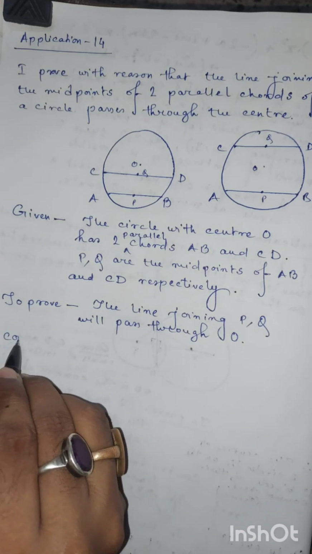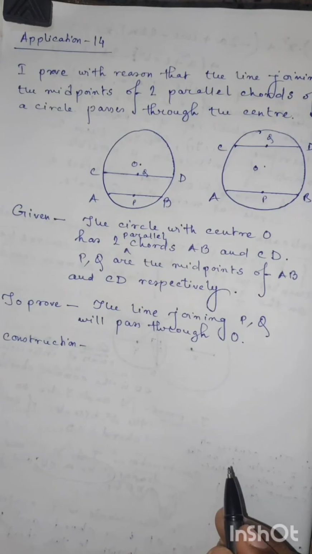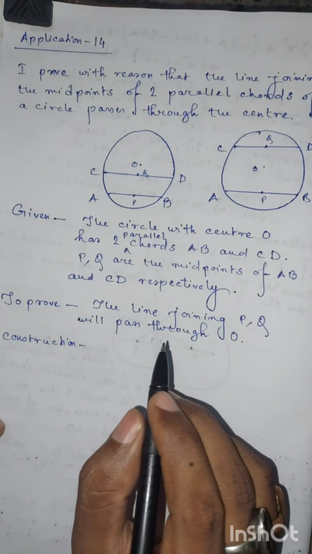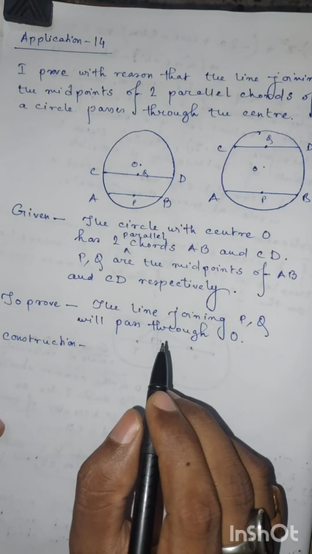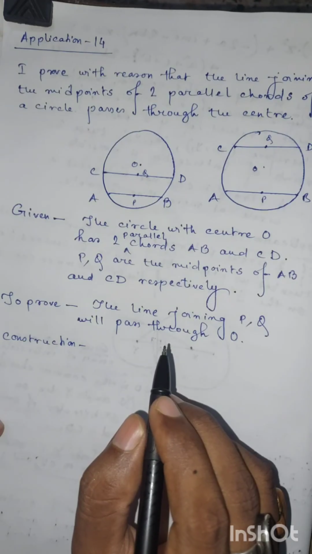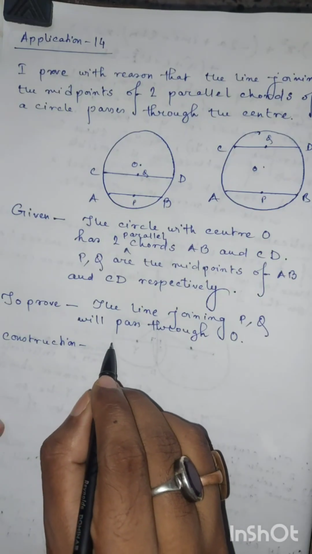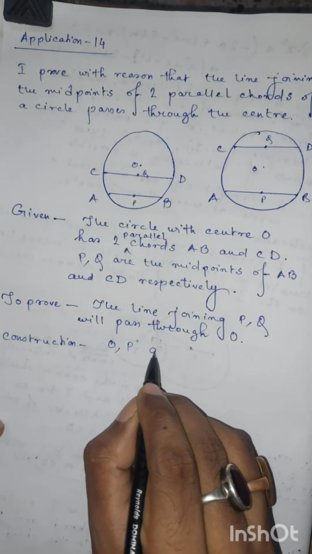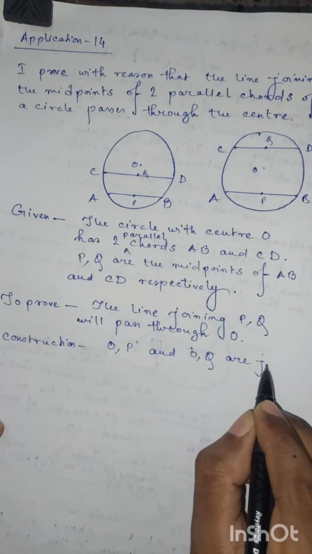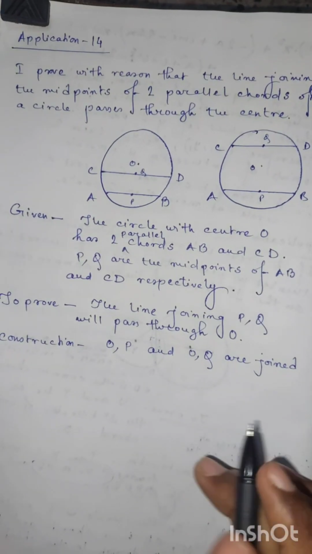Construction. O comma P and O comma Q are joined.